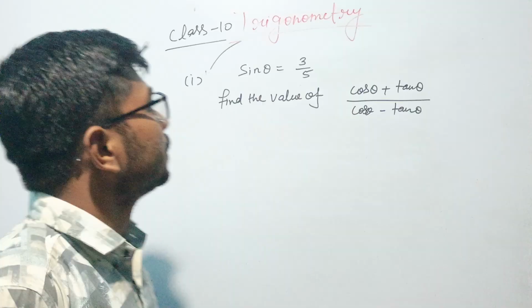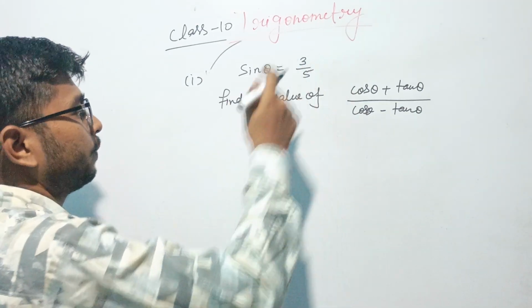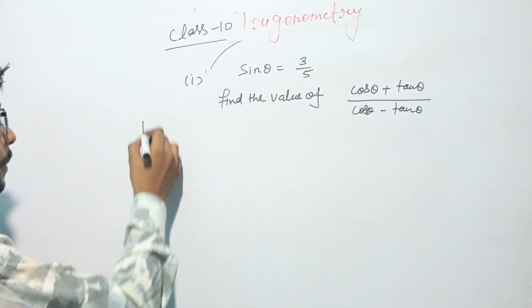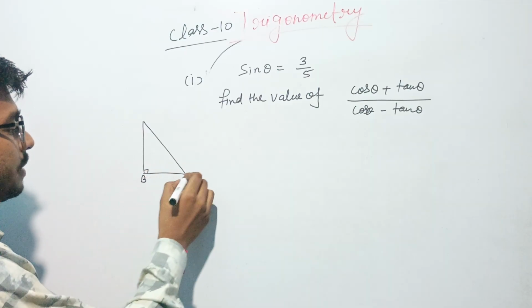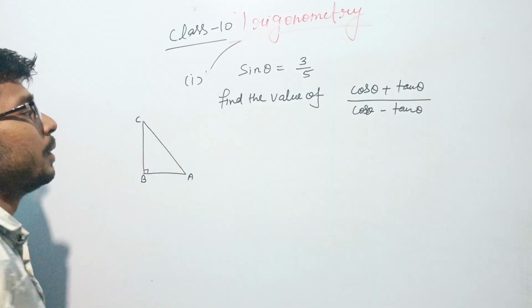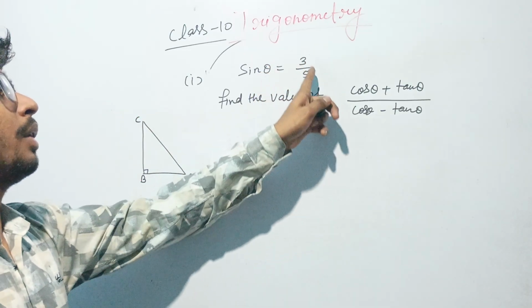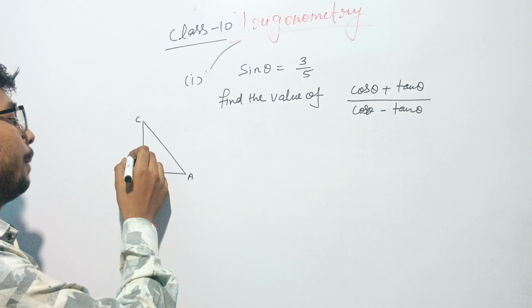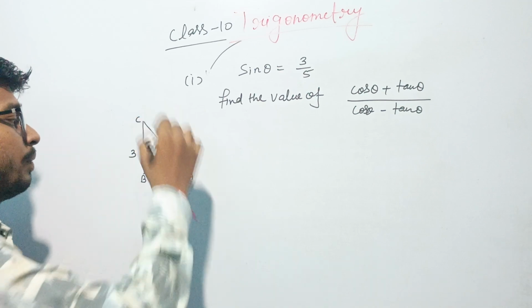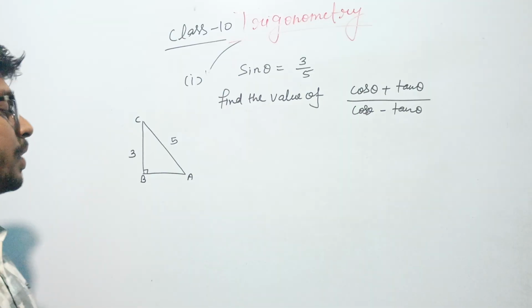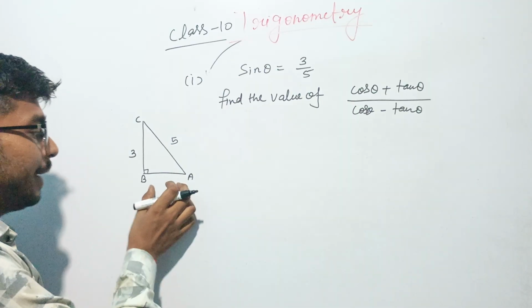Okay, so sin theta is 3/5, so make a right angle triangle, right angle at B. This is A, this is C. Sin theta is perpendicular upon hypotenuse, so the perpendicular is 3 and the hypotenuse is 5. Now first we have to find this base AB.